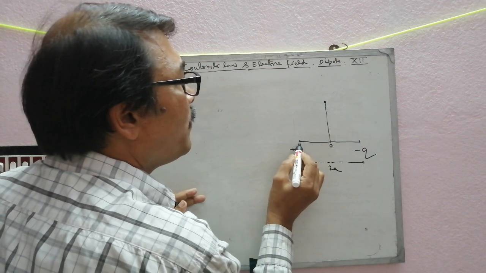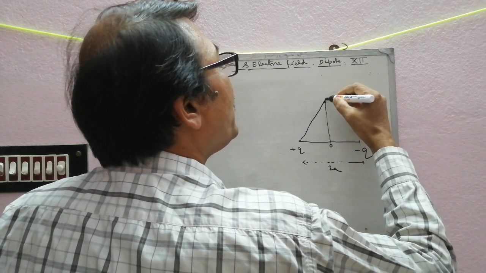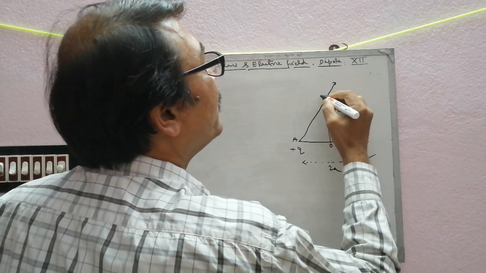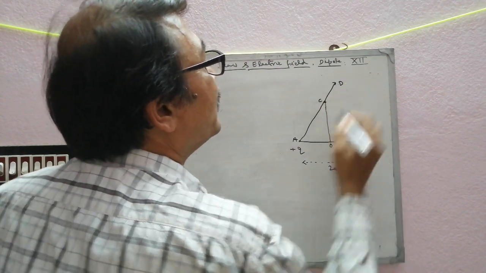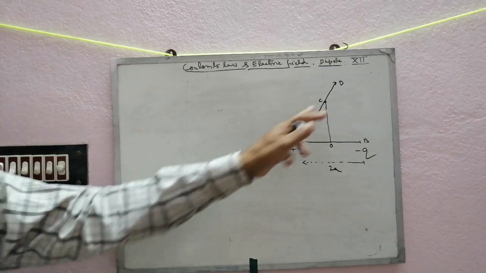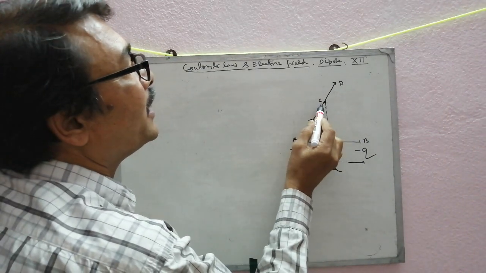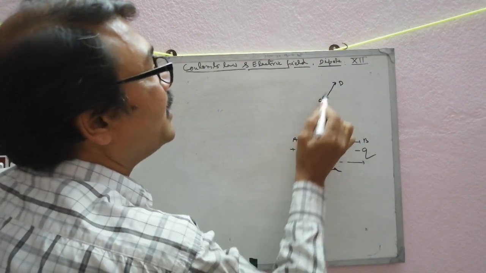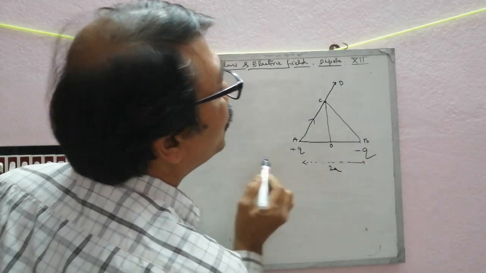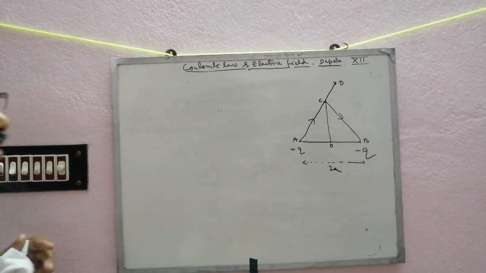Due to the plus Q charge, the field at P is in this direction, A to C. If we place a test charge at C, then there is a repulsive force, so the direction of the electric field at C is along AC, and due to the minus charge, the direction of the electric field is towards CB. Clear?